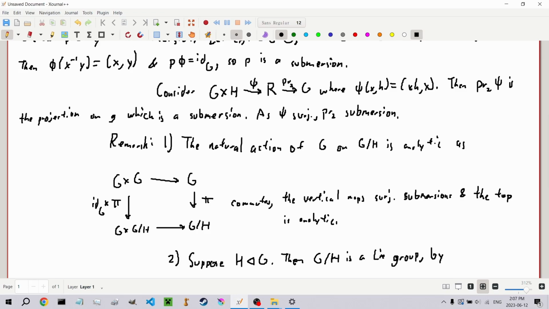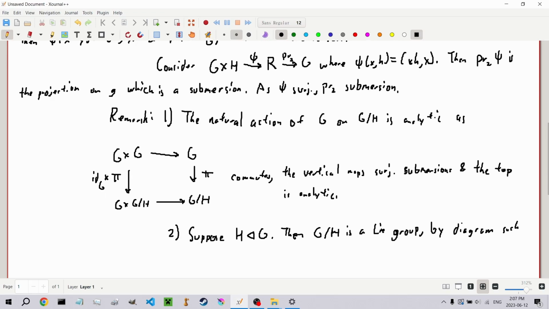By a diagram such as above, we just essentially draw it again, and we see that our multiplication is now analytic.